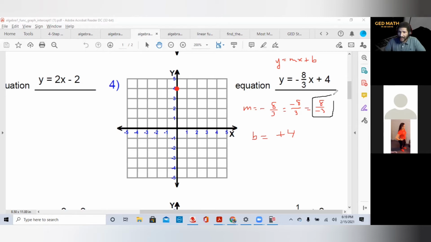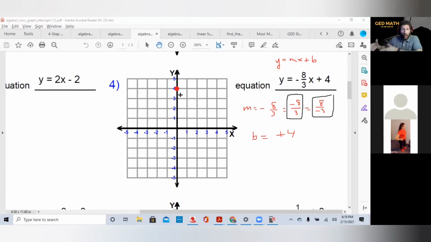If we tried to use this 8 over -3, so our rise is +8, can we go up 8? No, we cannot. That's why we didn't use this version of our slope. So our rise is what? -8. So that means we have to go down 8.